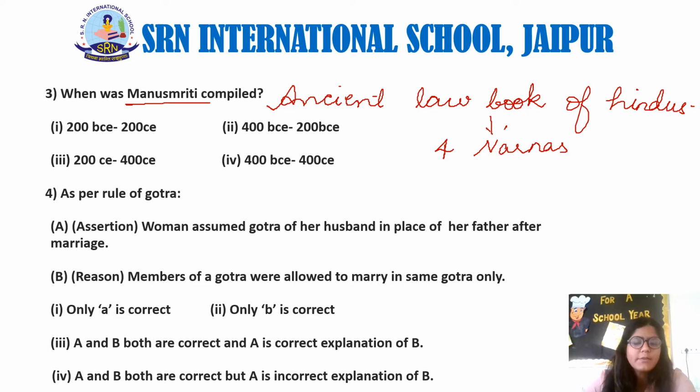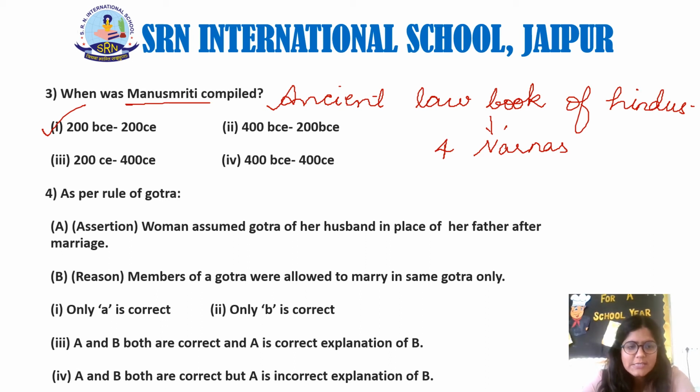Brahmanas were responsible for worshipping, Kshatriyas for protection, Vaishyas for trading, and Shudras were the life skill people. They used to do pottery, bead making, bangle making, cleaning, etc. So, when this Manusmriti was compiled, the answer to this question would be 200 BCE to 200 CE.